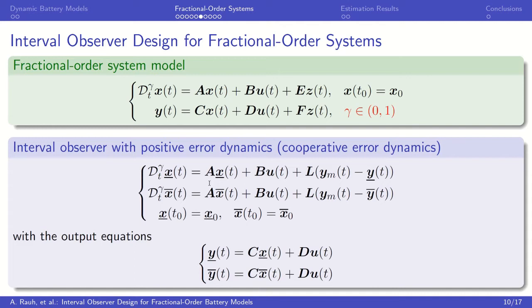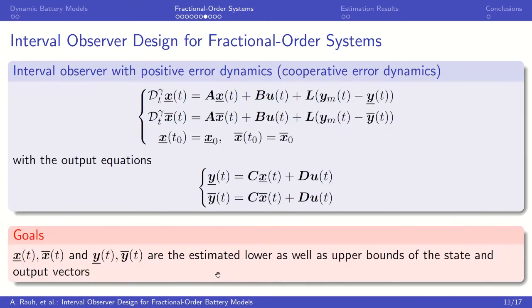In this case, the cooperativity and for that reason also the positivity of the dynamics of the system model is guaranteed. If we find such a solution, we can independently evaluate the trajectories for the lower state bounds as well as for the upper state bounds, and the same also for the corresponding system output vector y underlined and y overlined.